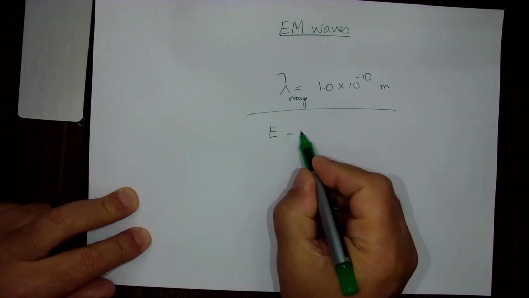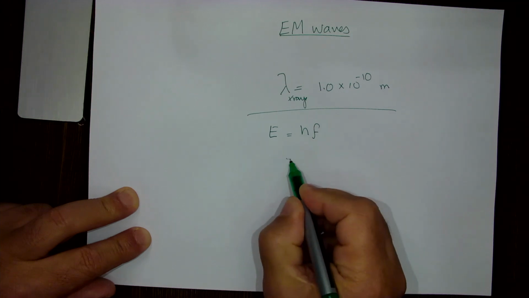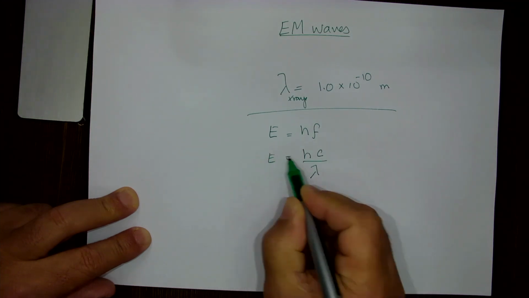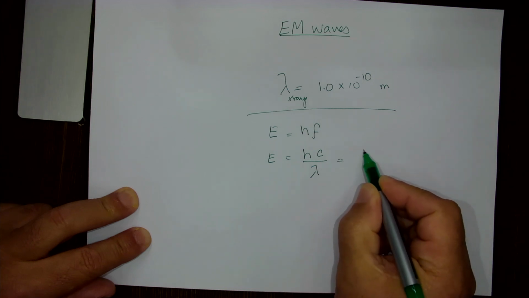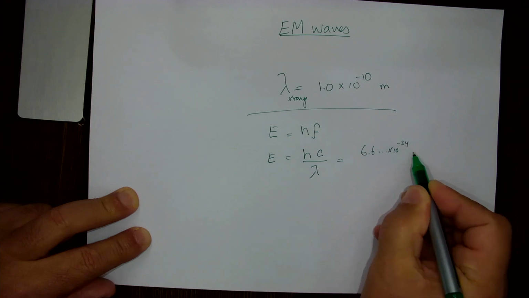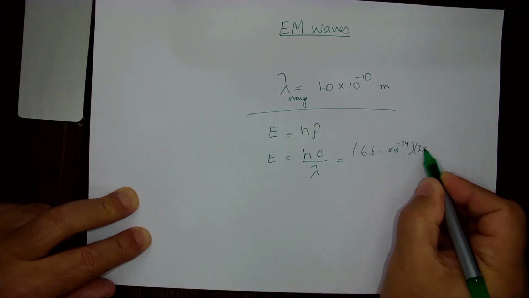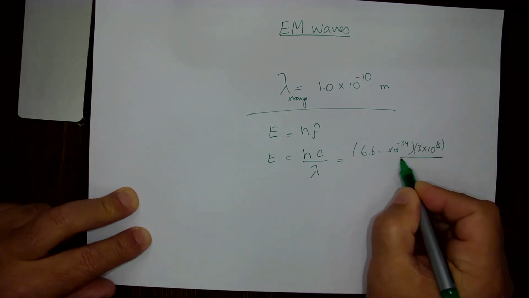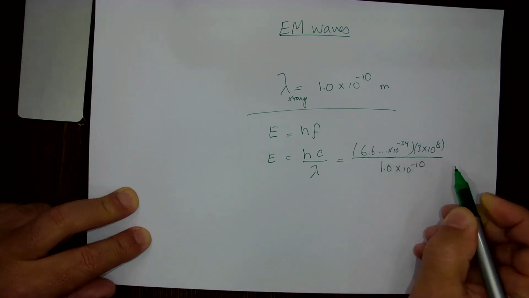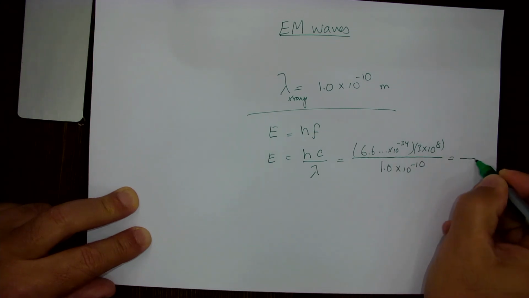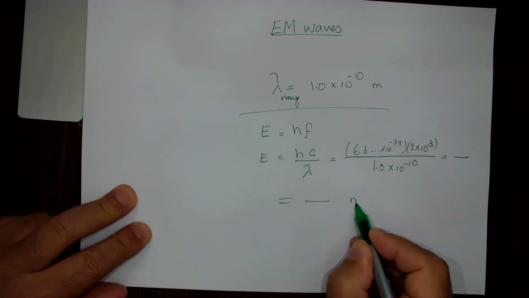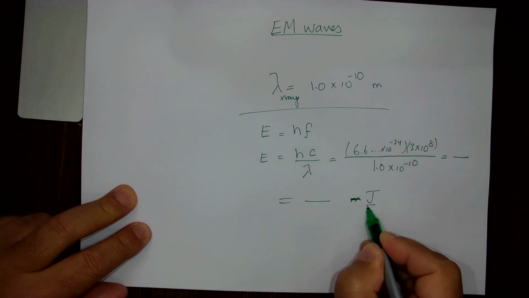Energy will be equal to hf, which is equal to hc over lambda, and that will be h, I think, 6.6 times 10 to the power of minus 34, and c is equal to 3 times 10 to the power of 8, and lambda in this case is 1 times 10 to the power of minus 10 meters, and this number here is actually in joules.